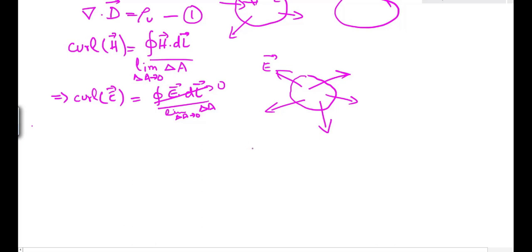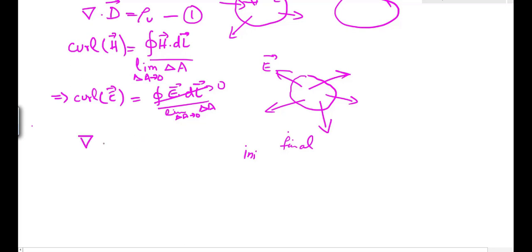As we have discussed, the work does not depend on the path you choose, it only depends on the initial and the final point. So in a closed loop, the initial and the final point are the same, so that's why the work done will always be 0.